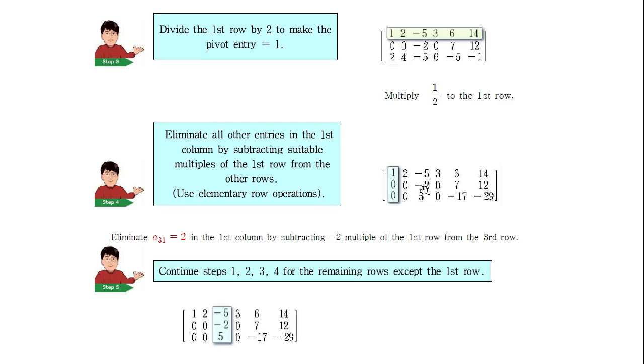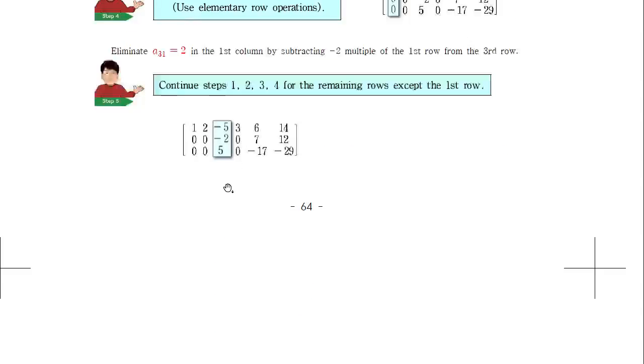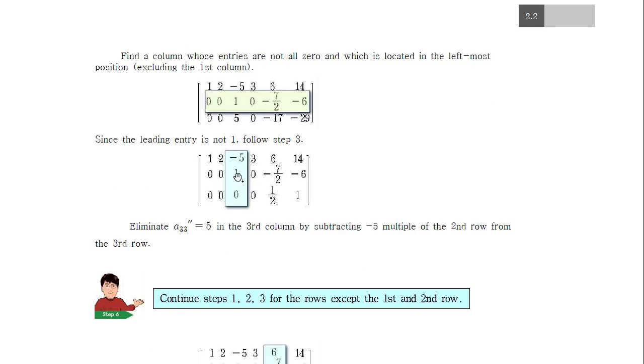Next, you have a non-zero leading entry here, so you divide the second row by -2. Then you have the second leading one, as 1. Then you multiply -5 on the second row and add it to the third row to make this 0.